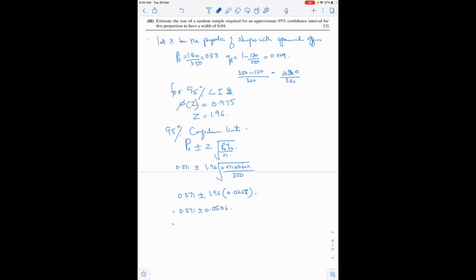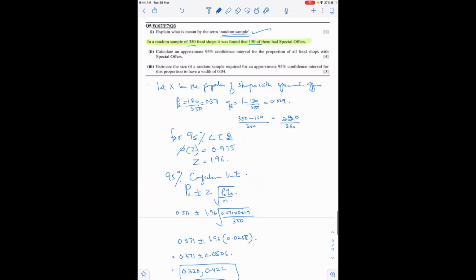Okay, so once you have to add it, once you have to subtract it. 0.421 here, and 0.371 minus 0.0506 is 0.320. This is the interval. So we are done with the first part.